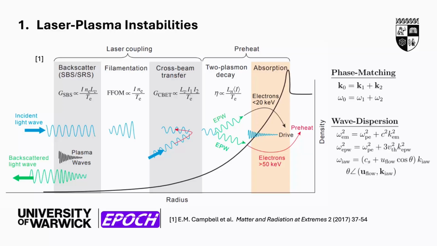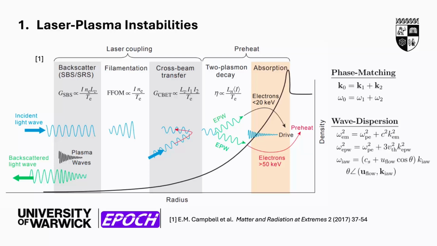The particular ones I looked at during my PhD were SBS and SRS. Your laser comes in and you can produce a scattered light wave. These two light waves beat together, and electrons or ions can get trapped in the peaks and troughs. This creates a third wave, which is an acoustic wave if it's ions getting trapped, or an electron plasma wave if it's electrons.